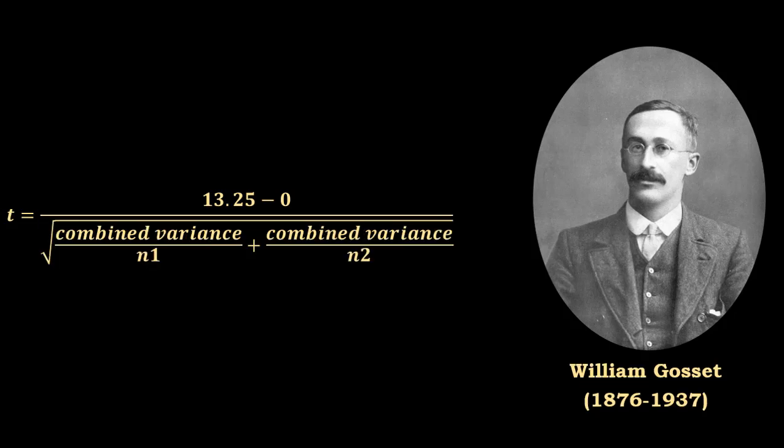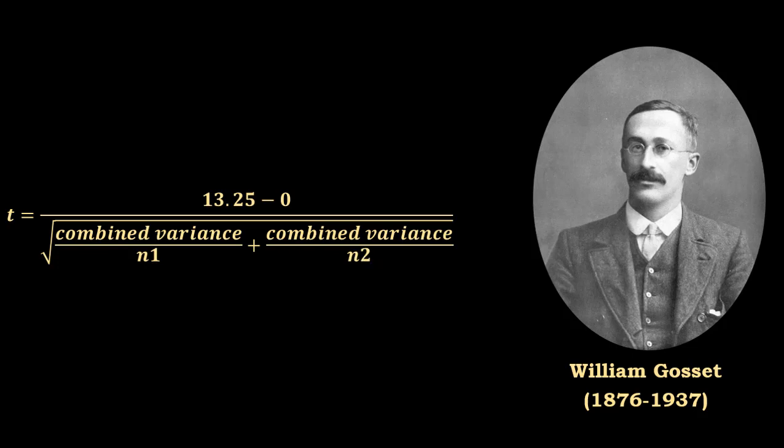Now, there is a formula which we can use to obtain that, which is the square root of the combined variance divided by the number of values in sample 1 plus the combined variance divided by the number of values in sample 2. Now, the number of values is easy.